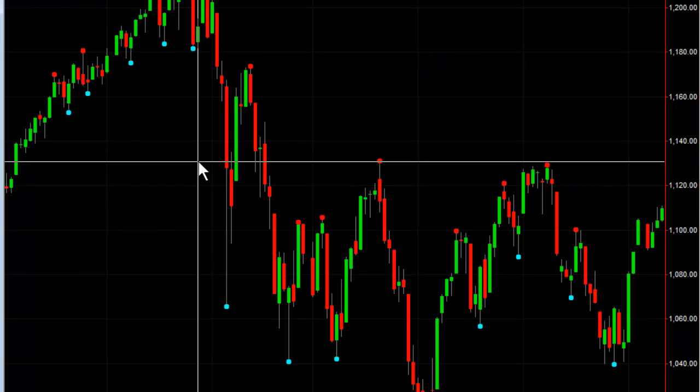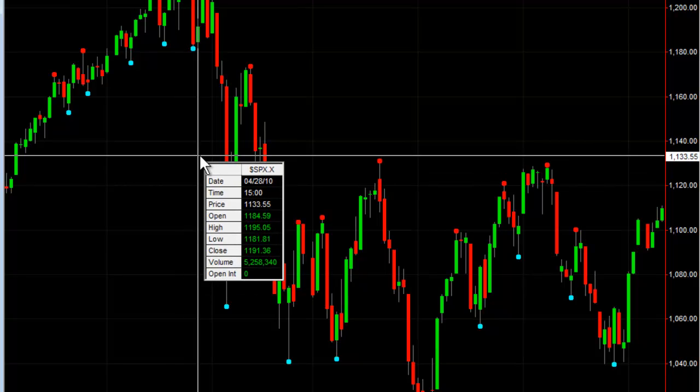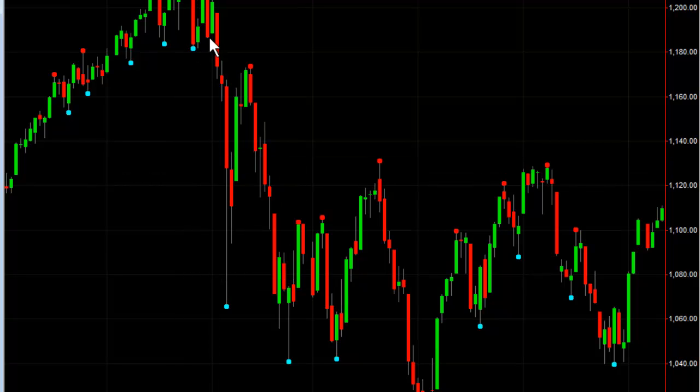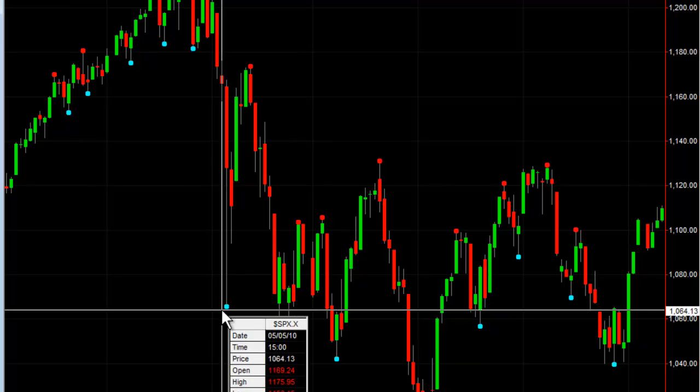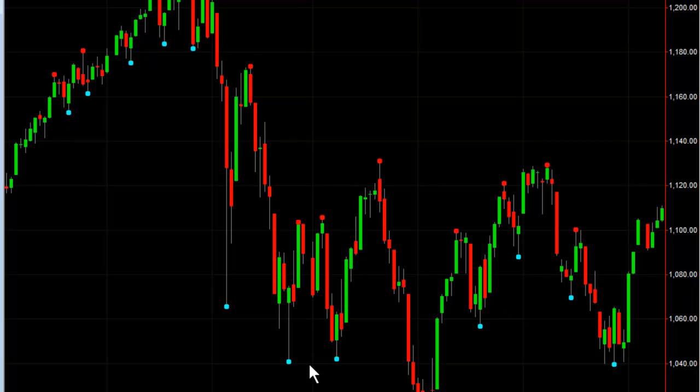So here's the daily or medium-term trend chart of the SPX, and this is 2010. So you can see in April 2010 at the end had a crash, came all the way down, had this one point here where it bottomed in May, shot back up, came back down, shot back up, came back down, shot back up.